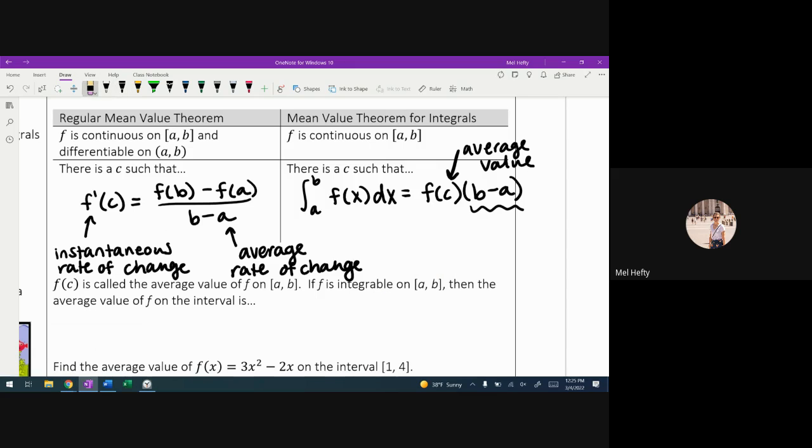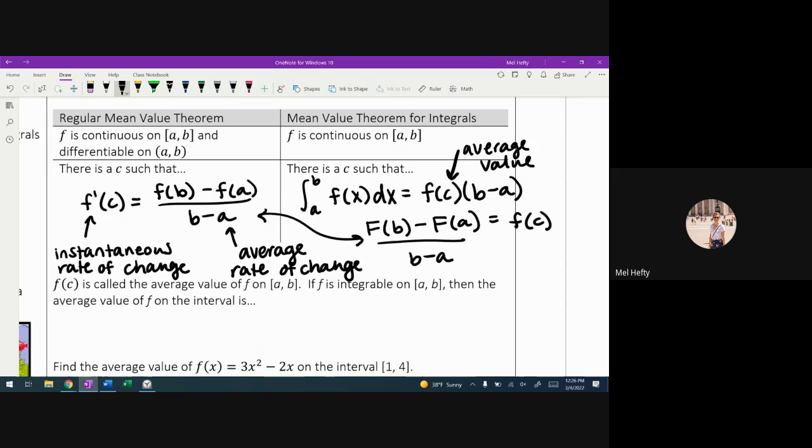To make these look a little more similar, if we took the antiderivative of little f and plugged in our bounds, we could do big F of B minus big F of A, where big F is the antiderivative of little f. And we could divide by that B minus A. Notice that these are the same formula, just moved around a little bit.